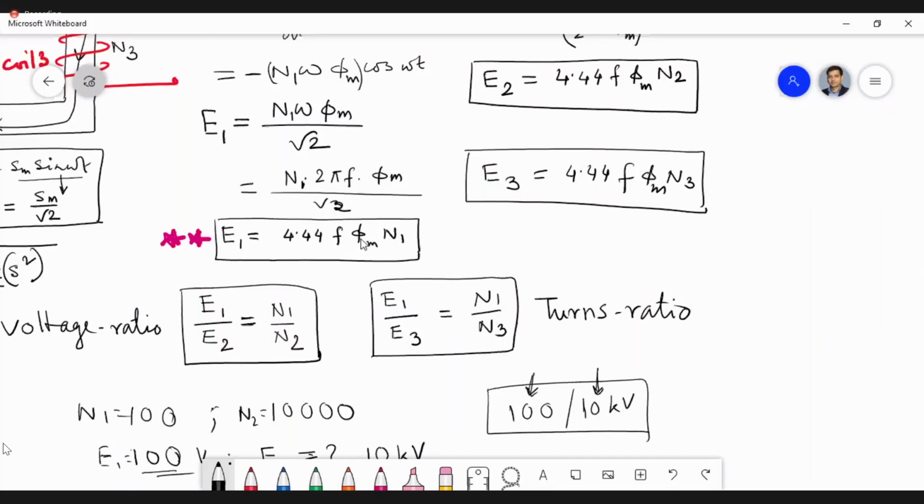So from these two expressions, what can we say? E1 equals 4.44 F phi A into N1. So this total term is the same for all the coils, isn't it? So can't we write like this?